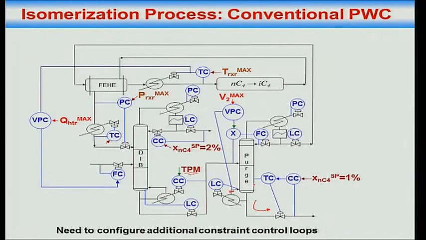When you are increasing the reflux, temperatures inside the column will go down. Temperature in the stripping section will also go down. When temperature in the stripping section is going down, what does that mean? That means NC4, which was the impurity, is dropping down. It was the light guy, right? That's dropping down now. Now to maintain that at 1%, I will have to increase the boil up.